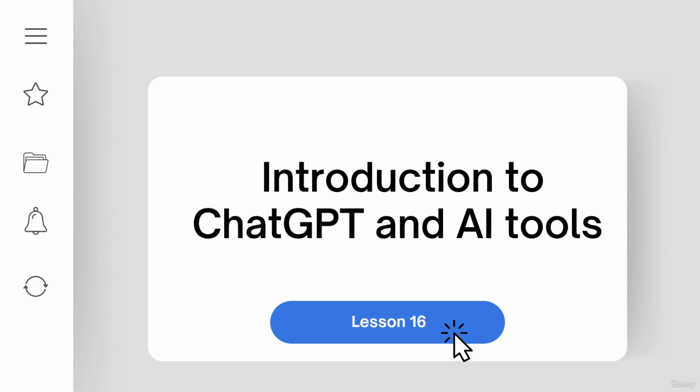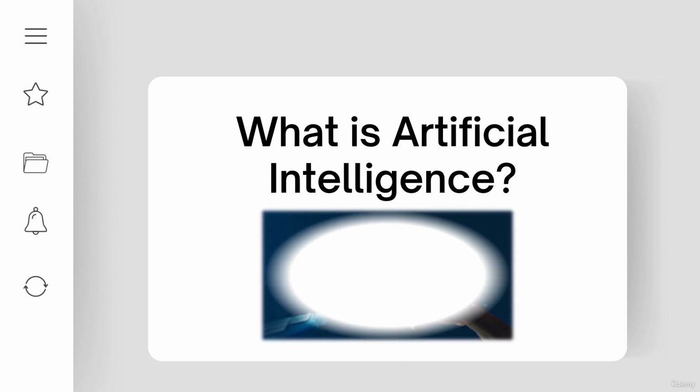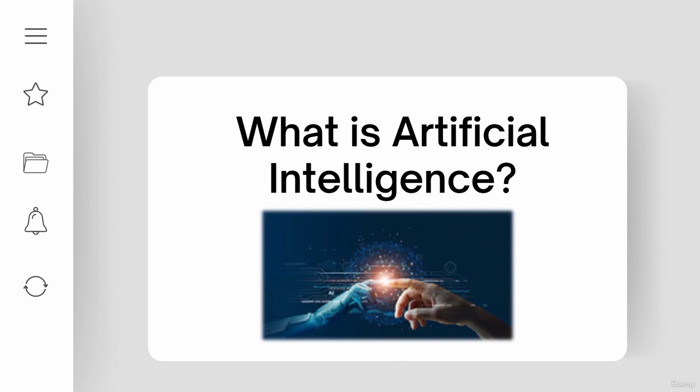Okay, so let's start with the basics: what exactly is artificial intelligence, or AI? AI refers to computer systems designed to mimic human intelligence.